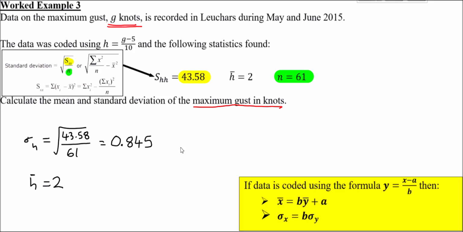So we can now therefore say that the mean gust in knots, the mean of g, is going to be what we divided by, which is 10, multiplied by the mean of h, plus 5.